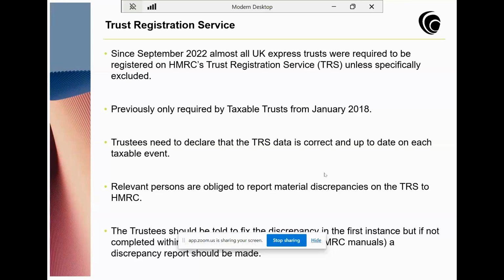And for our own purposes, we are supposed to be reviewing what's on the TRS under our AML obligations and continuing customer due diligence to make sure it's correct and up to date. If we find an error, we need to report this to HMRC within a reasonable time if the trustees refuse to correct the error.